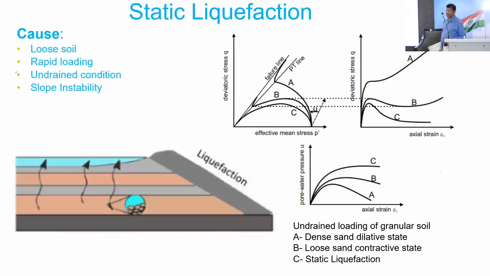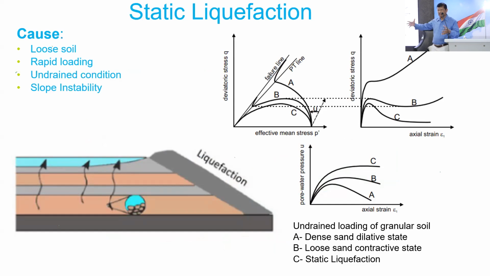Static liquefaction. I think that's a big concept right now, because for a lot of these tailings dams, after failure, most of the people are saying it's due to static liquefaction. Mount Polley is again static liquefaction, and the Brazilian failure is also related to static liquefaction.